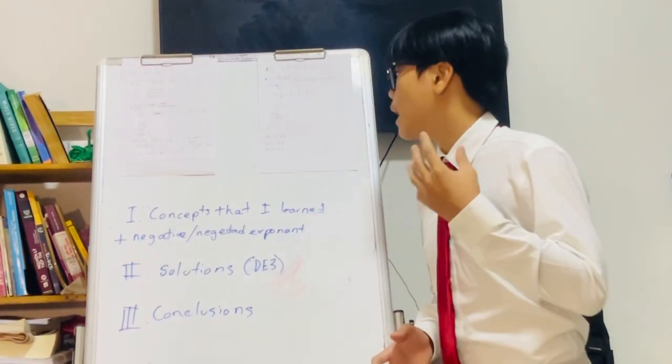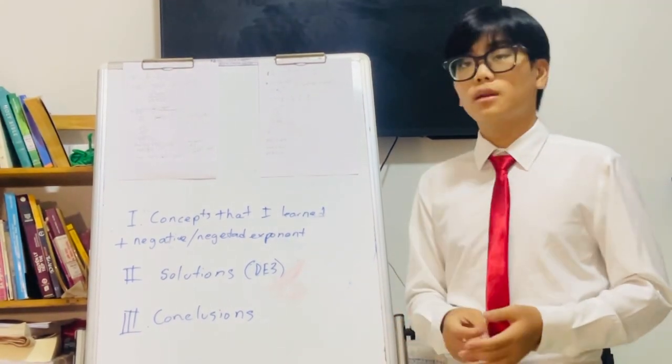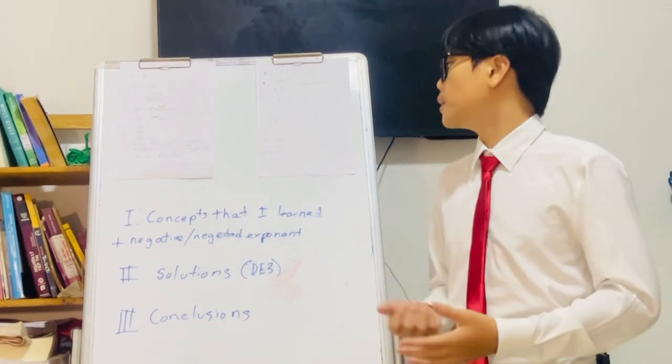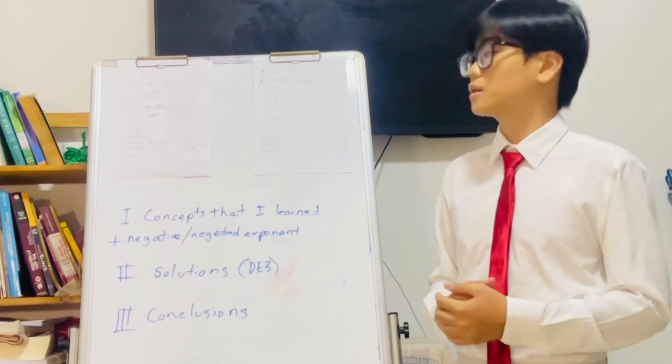C. Prove that a to the negated exponent n divided by b to the negated exponent n equals a divided by b to the negated exponent of n. I think that's how it's called.